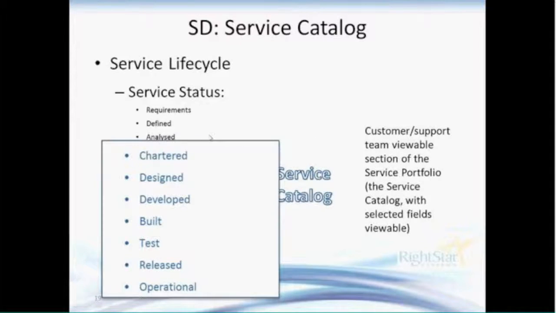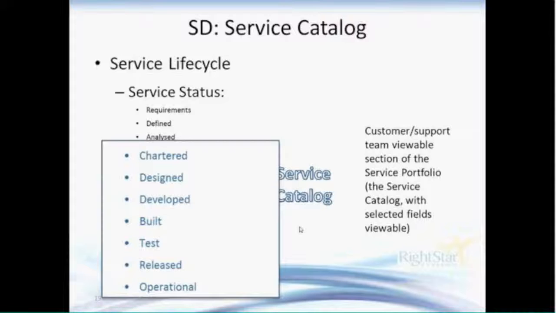The customer should be able to have visibility into the service catalog, although I would say that for most organizations, they don't necessarily include a service in the catalog until the service is actually operational. But it is possible, depending on the maturity, again, of the organization, to have that visibility where they can see information about a particular service that is still in development.